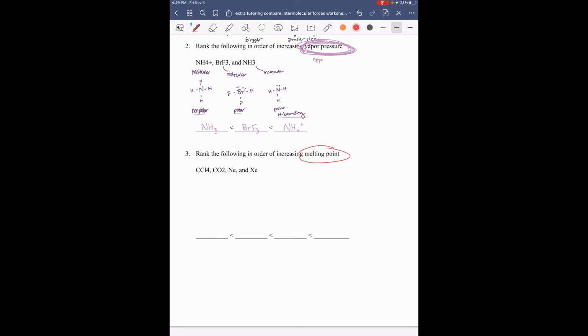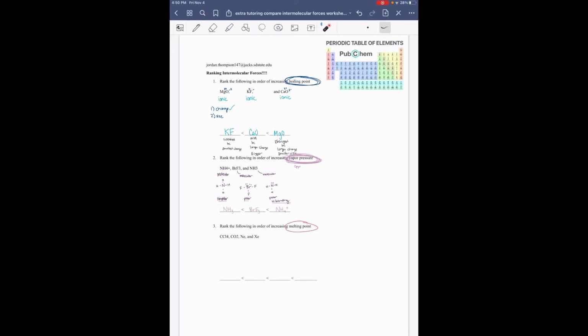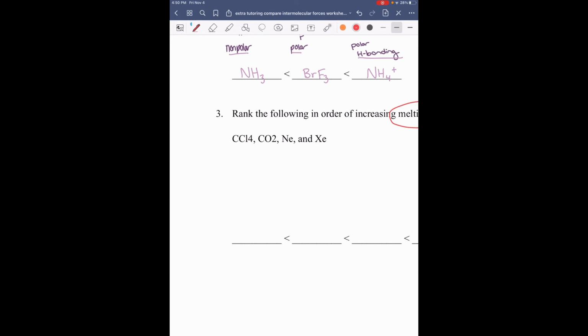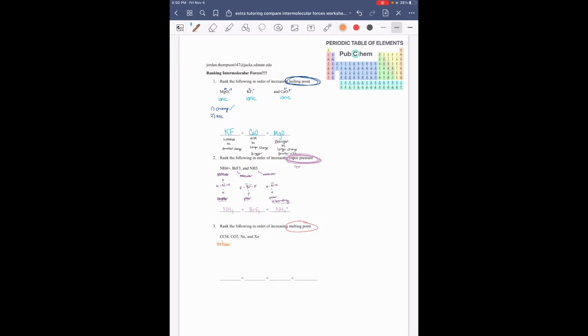So we have CCl4. Look at our periodic table. CCl4 is a molecular species. Oh yeah, and practice doing this yourself before you watch me do it. So practice, pause, play when you're ready.